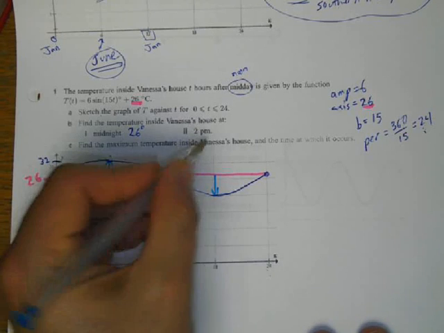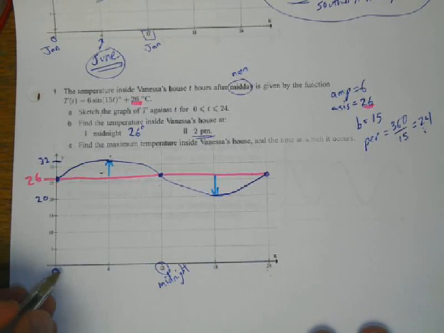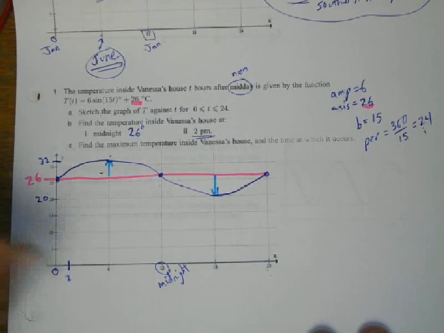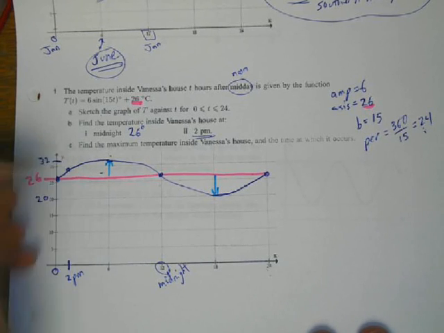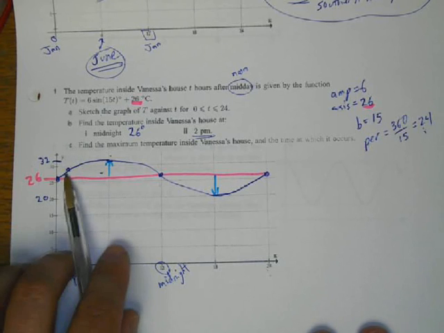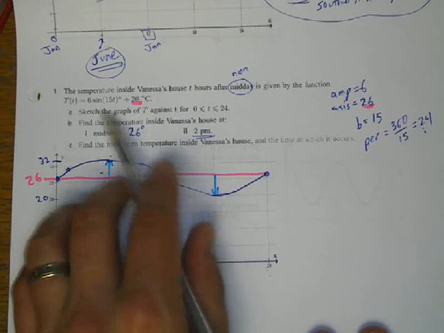Okay, at 2 p.m. 2 p.m. is like right around here, right? 2 p.m. So what could we do? We just plug in 2 in the equation in place of t.